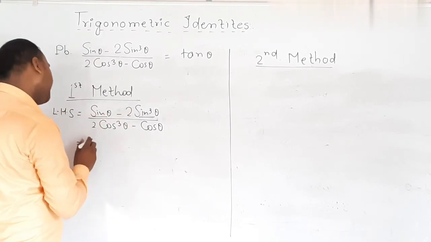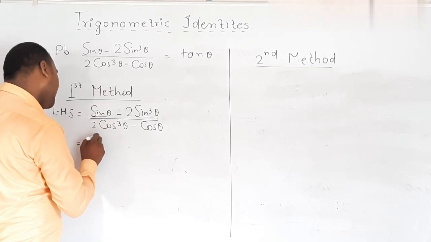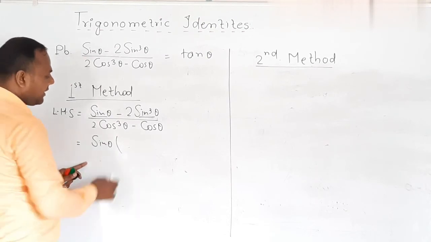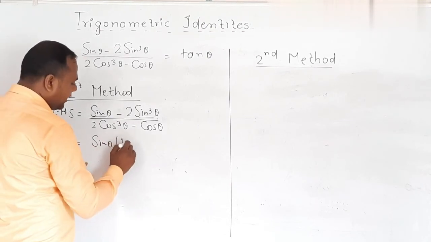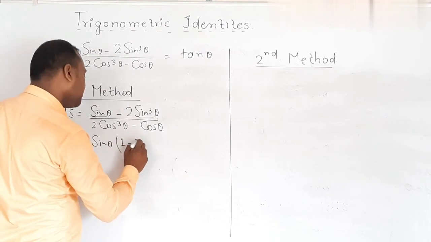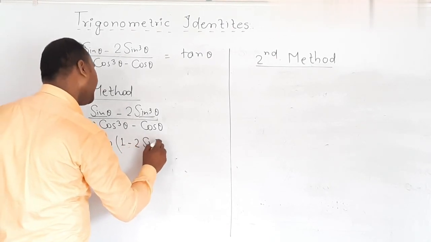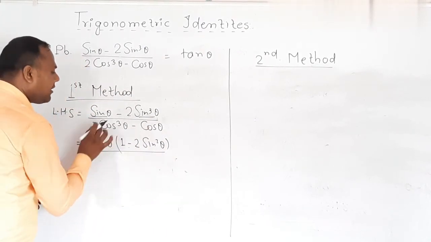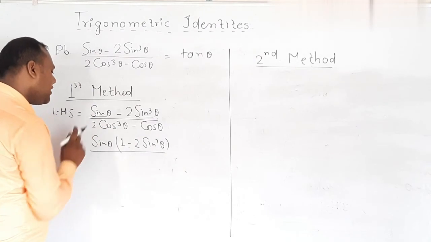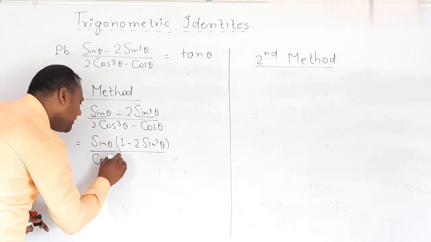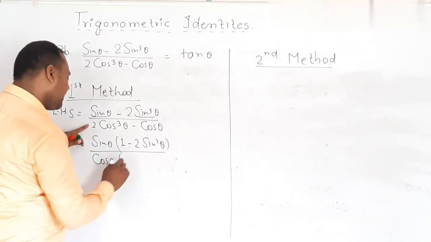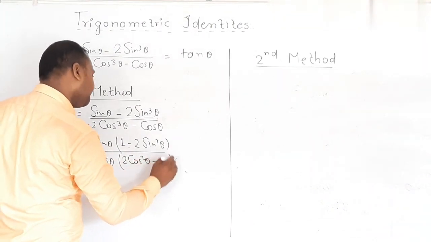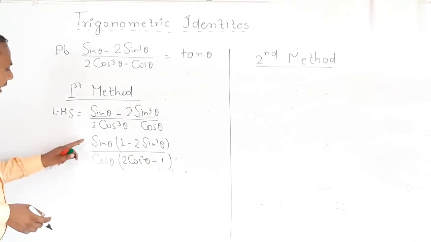So we put common sin θ, and after taking common sin θ, the remaining part is 1 minus 2 sin²θ. Same in the denominator, we take common cos θ, and after that 2 cos²θ minus 1, and sin θ upon cos θ.